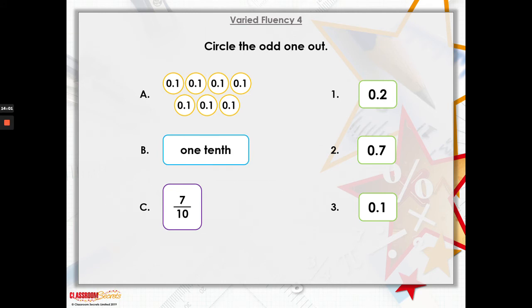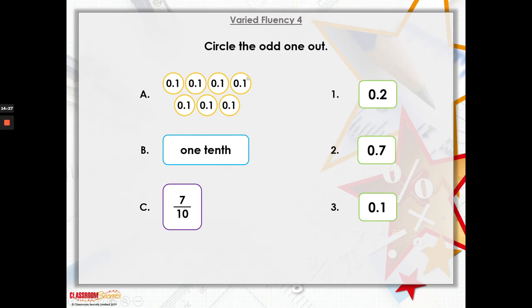Okay, welcome back. It took a little bit of brain power to figure this one out, but it's quite straightforward if you try and match them together. That's my clue. So let's go through this together. It says circle the odd one out. I have a lot of 0.1s here, but if I add them up, I have 0.1, 0.2, 0.3, 0.4, 0.5, 0.6, 0.7.